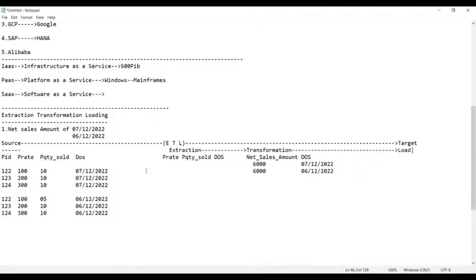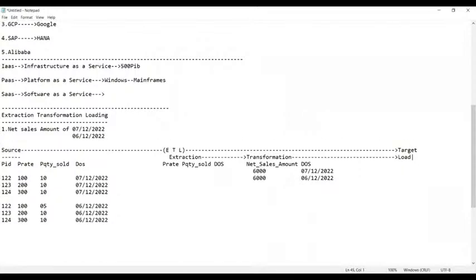Okay, everyone. So now, guys, to perform this process of extraction, transformation, and loading between the clouds, or between the on-premise system and the cloud, cloud or on-prem, we use ADF as a service.